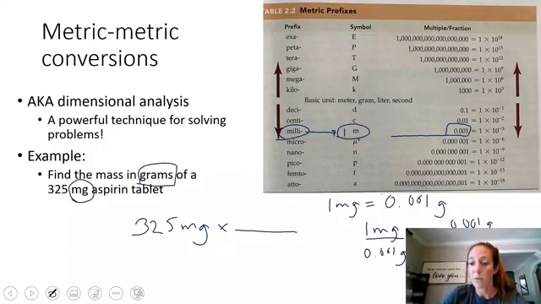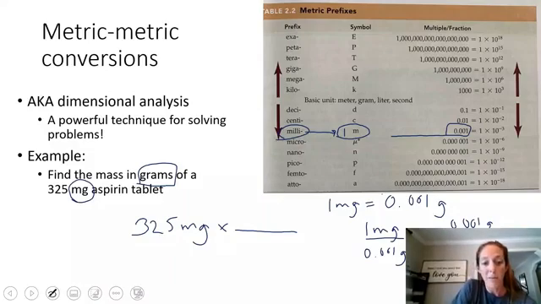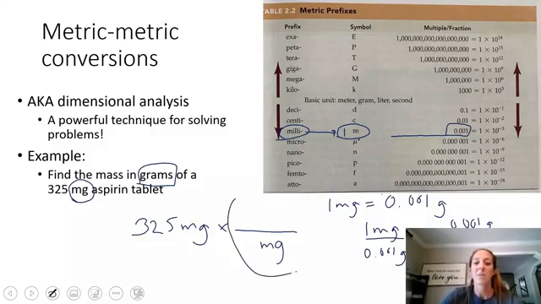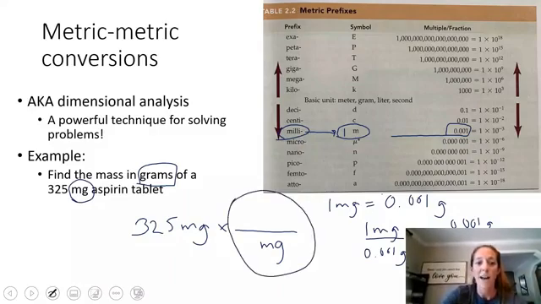Now, how do I know which one I want to use? Well, if I look back at my problem, I have to get rid of milligrams. The only way to get rid of milligrams is to divide by it, have my units diagonal from one another so they cancel out. So I also like to say, when you set this up, it's what you want over what you got. What do I want? My problem tells me that I want grams. What have I got? What am I starting with? Milligrams.